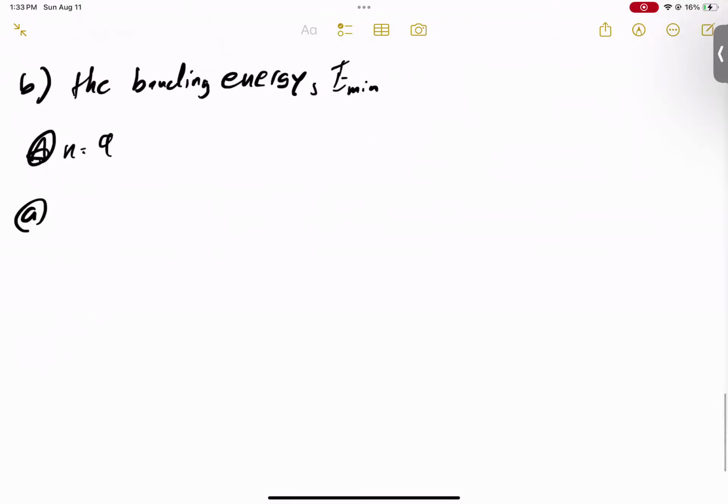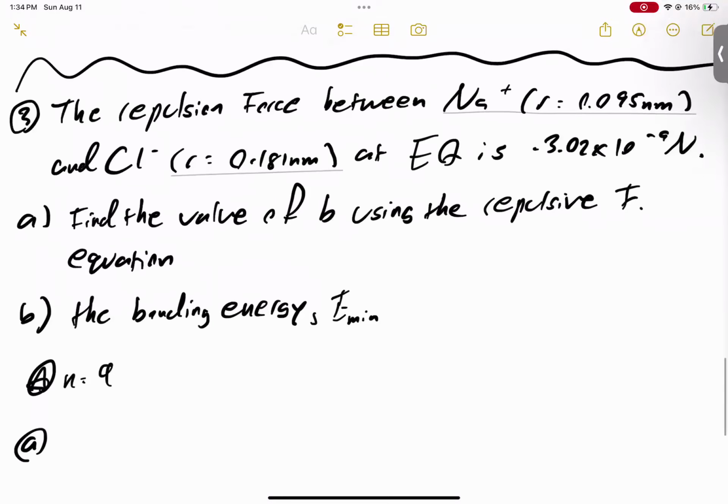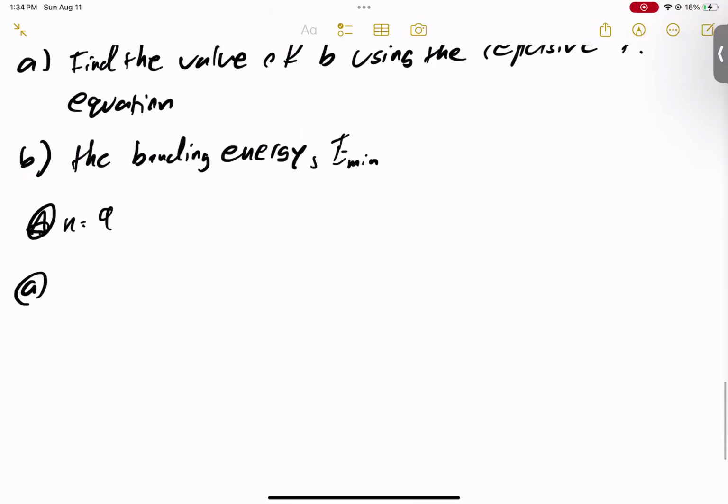For part A, if you go to slide 8, we have the part within the yellow box that says attraction force, but we're more interested in the repulsion force, because we know the force of repulsion. So that's the part we really need to use. FR is equivalent to negative nB over r to the n plus 1.